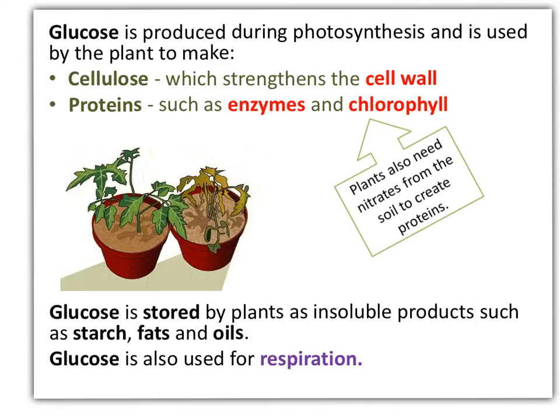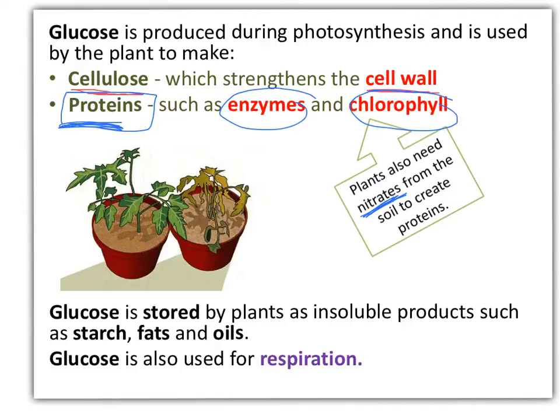So we know that glucose is the food that's made in photosynthesis. Now glucose can be used by the plant to create a number of things. To start with, it can be used to create something called cellulose, which strengthens cell walls. It can be combined with nitrates to make proteins, and proteins might include enzymes and chlorophyll.